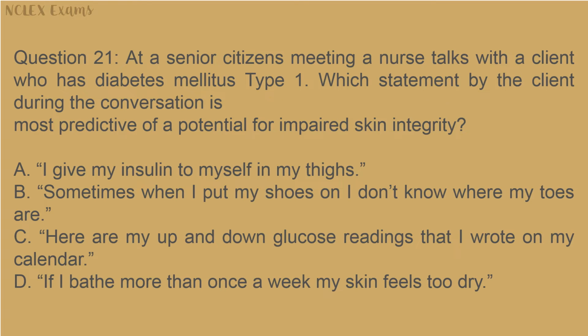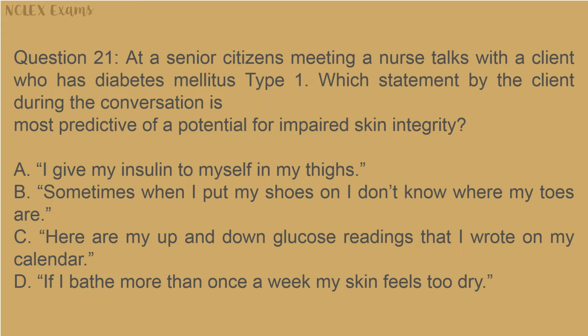Question 21. At a senior citizens meeting, a nurse talks with a client who has diabetes mellitus type 1. Which statement by the client during the conversation is most predictive of a potential for impaired skin integrity? A. I give my insulin to myself in my thighs. B. Sometimes when I put my shoes on I don't know where my toes are.